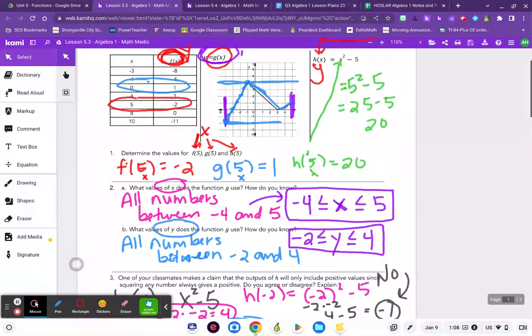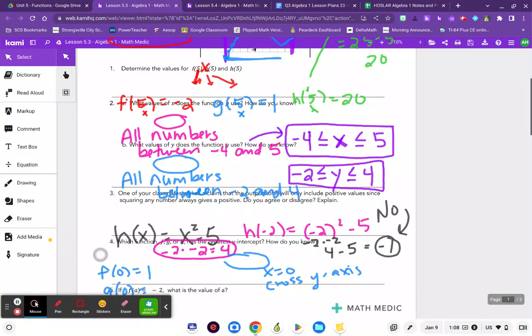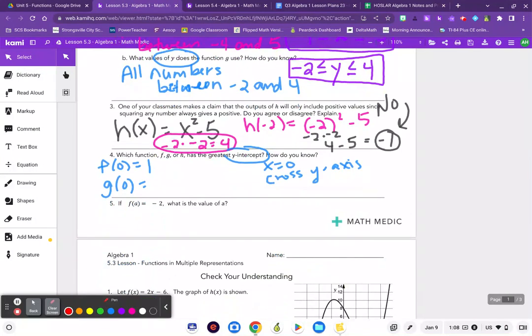Well, g is a graph, so I could look at either when x is 0, or where I'm crossing the y-axis means the same thing. The y value is 3. So g of 0 is 3. And h of 0, well, my function for h is this one. And so I would be doing 0 squared minus 5, which is -5.